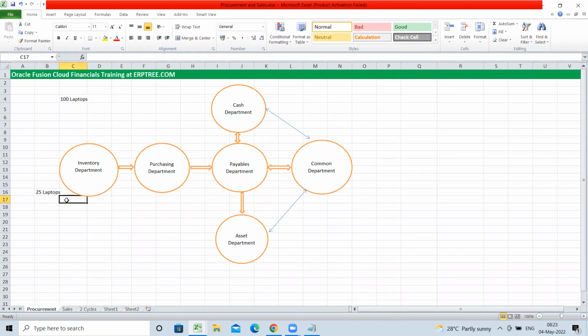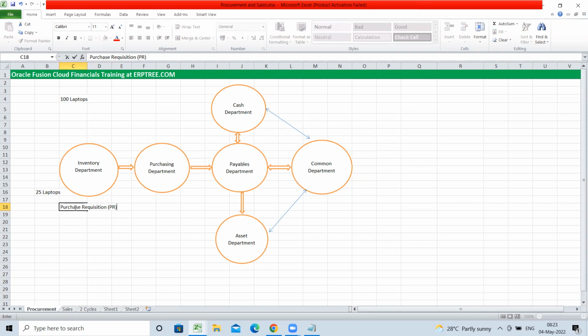Then the inventory department should take the responsibility of creating the purchase requisition, PR in short.